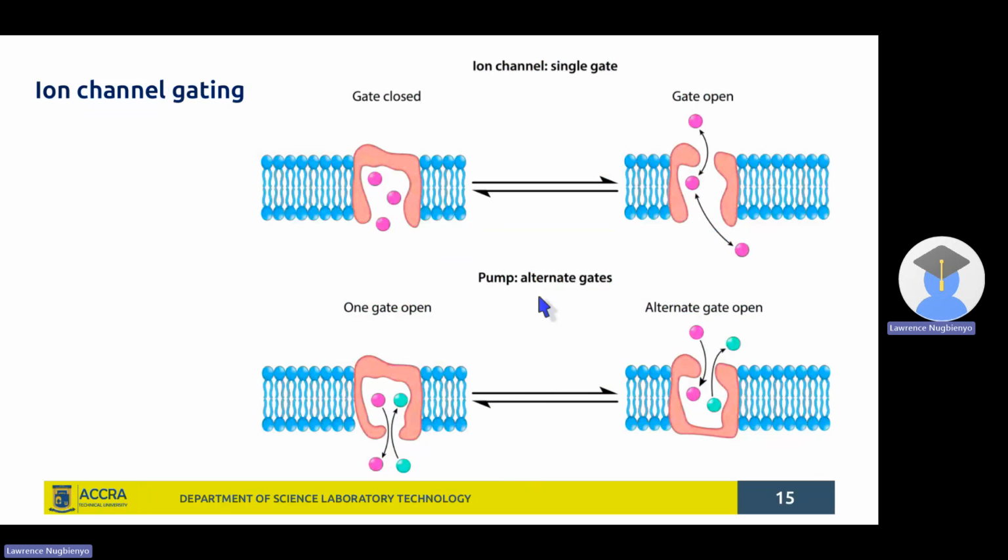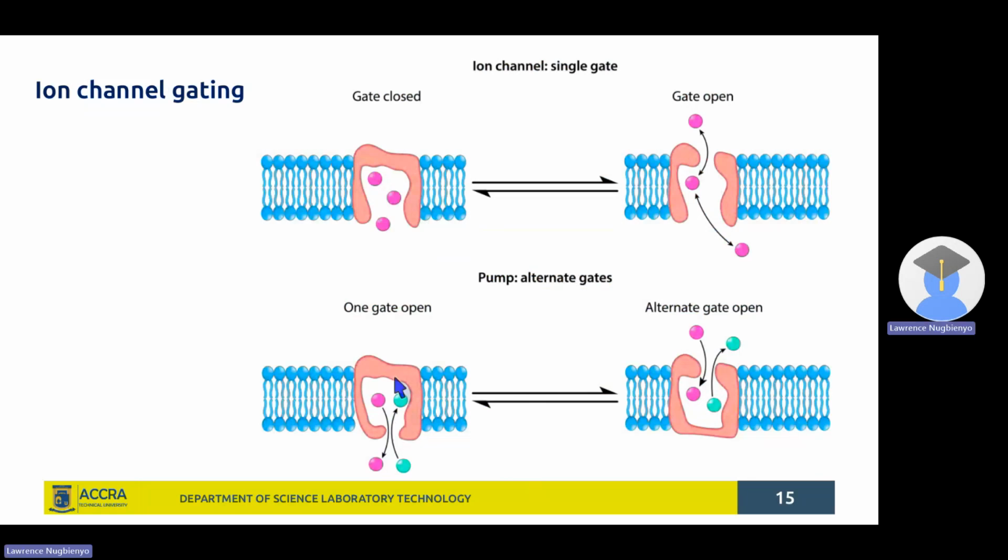Now you also have what is referred to as alternate gates, where the transmembrane protein has two gates, one at each side, the extracellular side and the intracellular side.